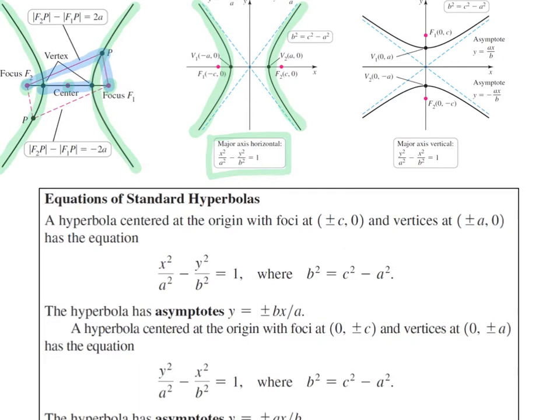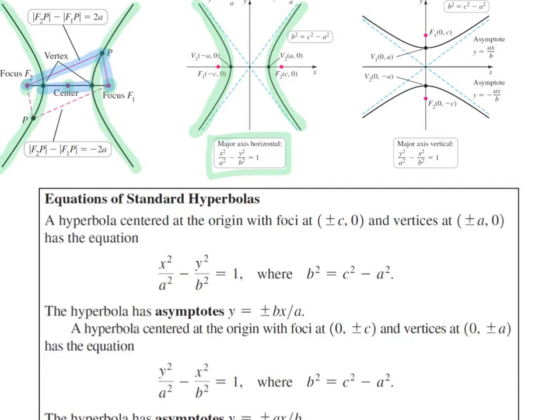So in this particular case it really matters which one comes first because of the subtraction. Your vertices, which is represented by the a value, always go underneath the variable where your vertices are on. So in this case the vertices are on the x-axis, so the a squared is under the x squared, and that comes first in the subtraction.